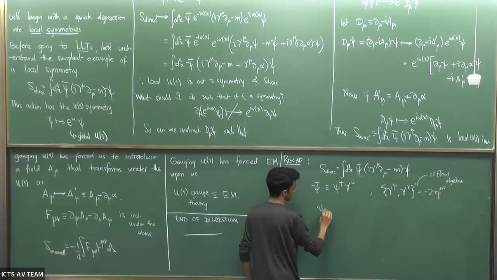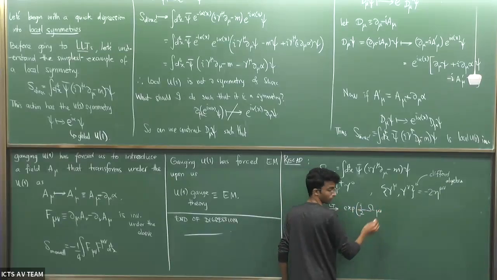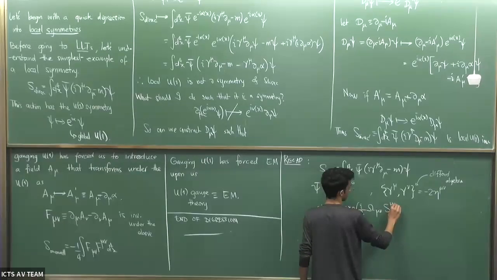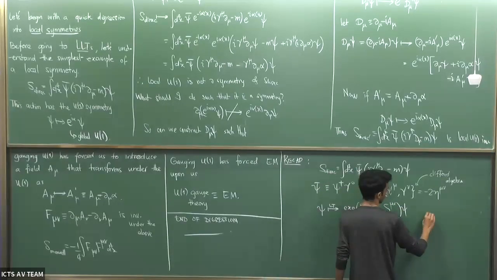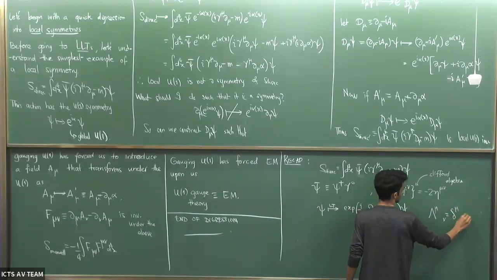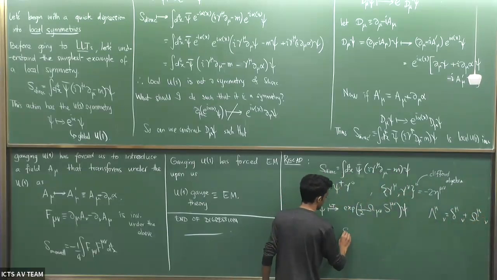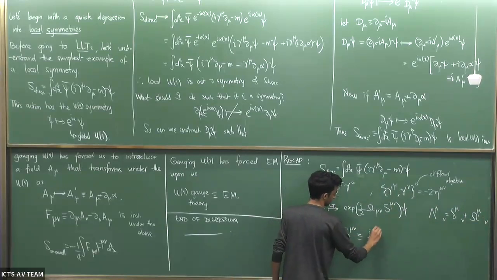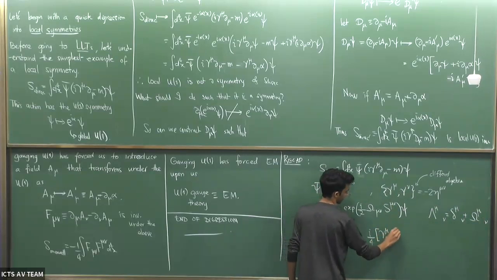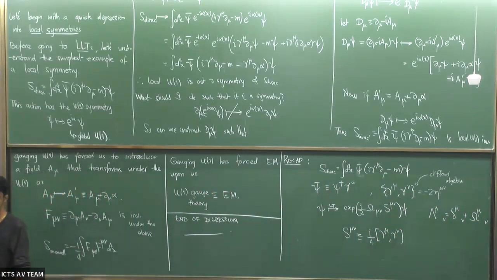And psi transforms under a Lorentz transformation as exponential of I over 2 omega mu nu S mu nu psi, where lambda mu nu you write as some identity plus omega mu nu. And these S mu nu were just the generators of this Lorentz transformation. This is the quick recap of the first class.